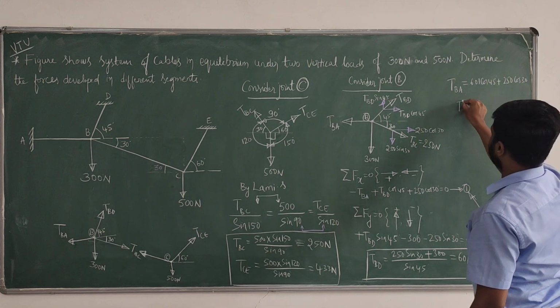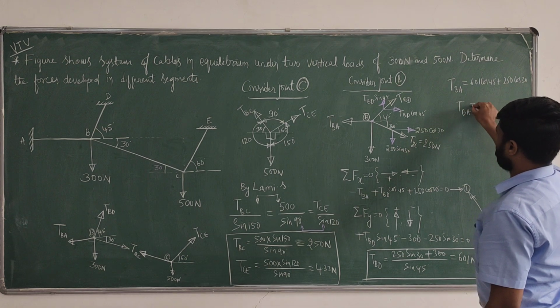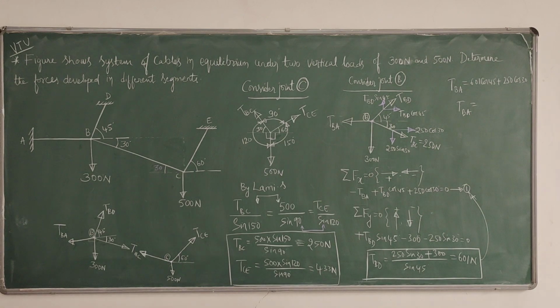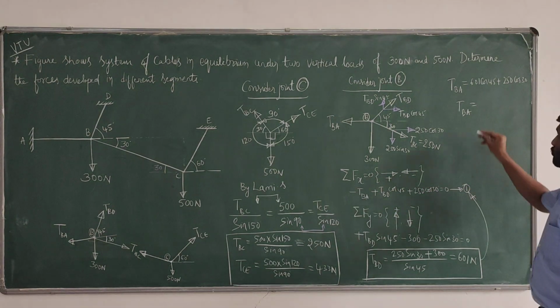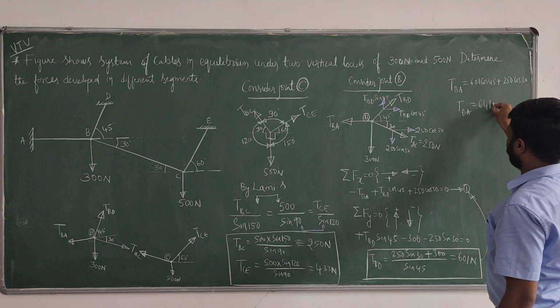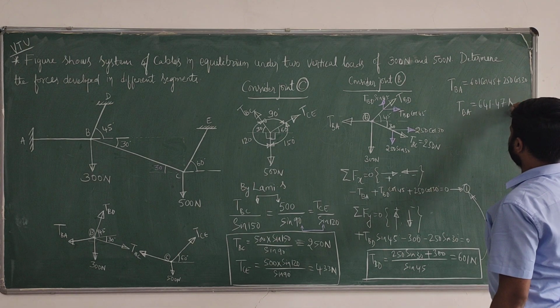So we are getting TBA. You take this side, it will become positive. Add this to get 641.47 Newton.